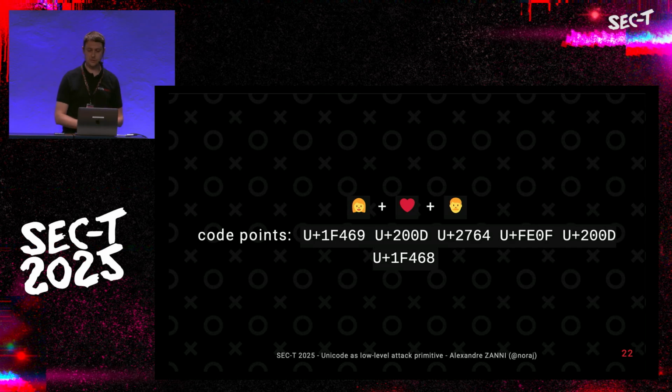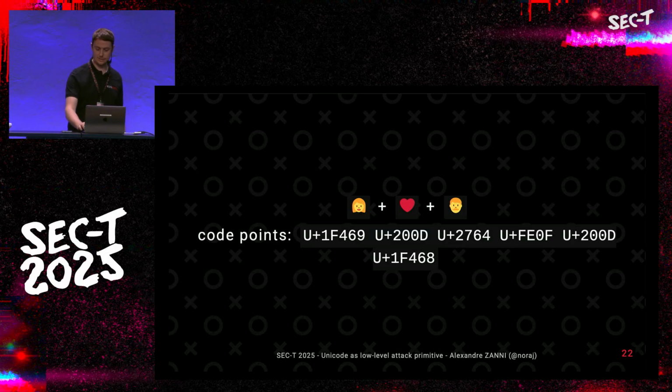In fact, this emoji is a joined one, so you have 6 Unicode code points. First, you will have the woman emoji, then a joiner character, then the heart emoji, then a color variation selector for the heart to be red, another joiner, and then the man emoji.